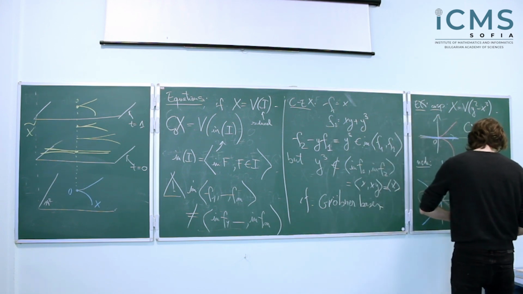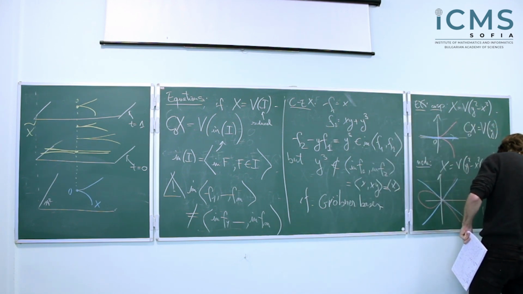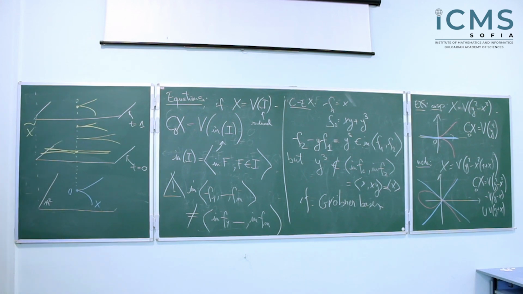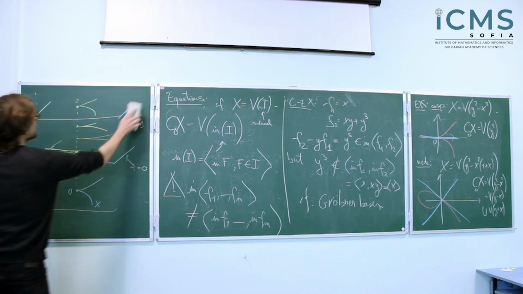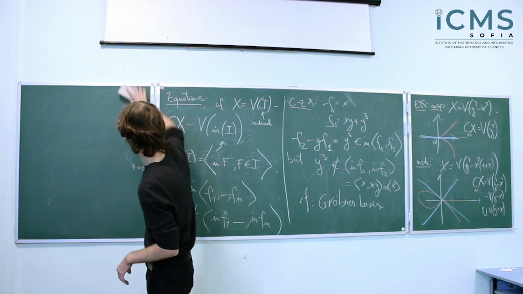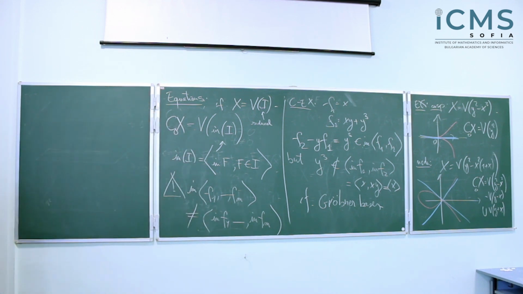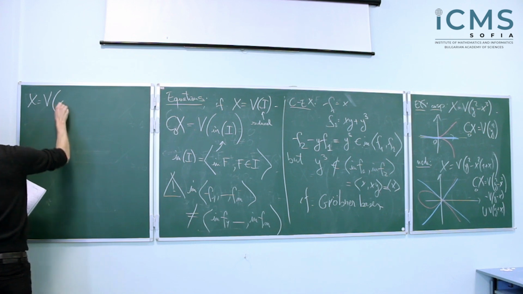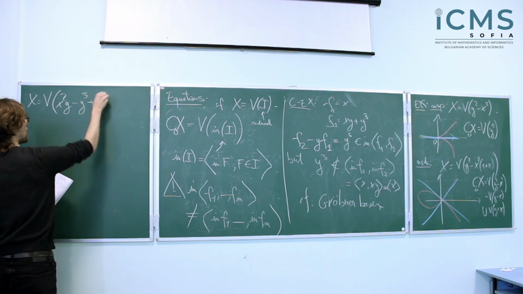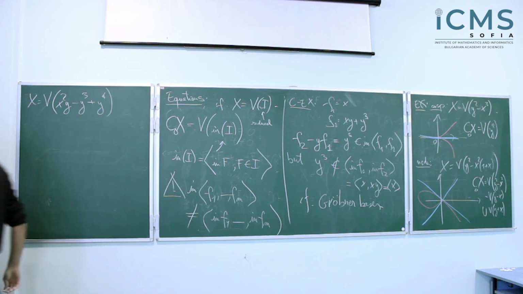So maybe another example just to show that this cone actually gives us valuable information about how to plot curves. Let's say I give you the following equation: x squared y minus y cubed plus y. So this is a little bit more difficult.